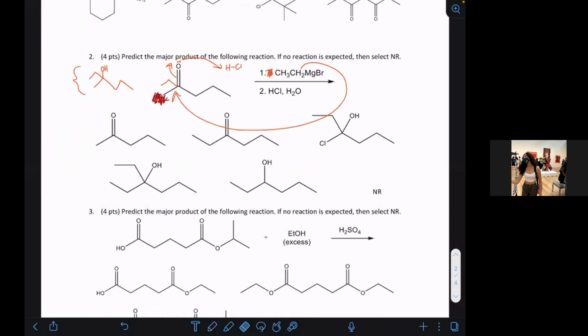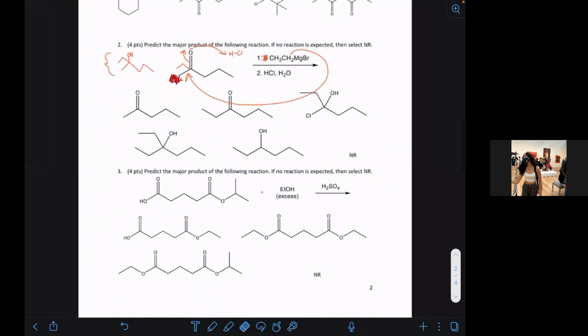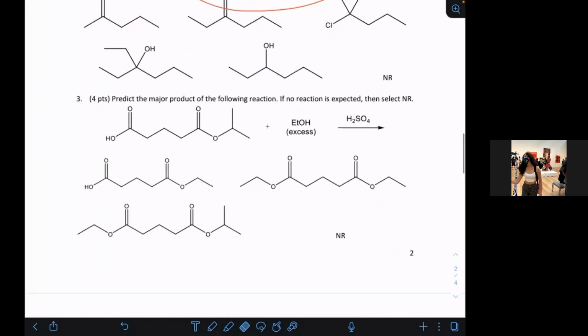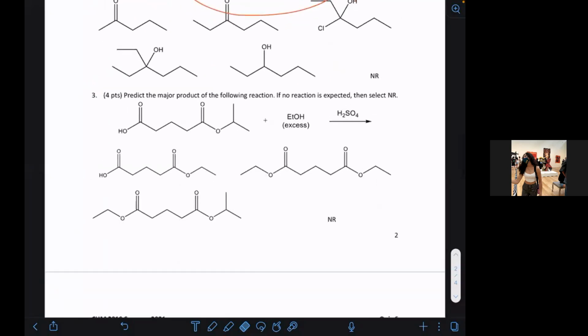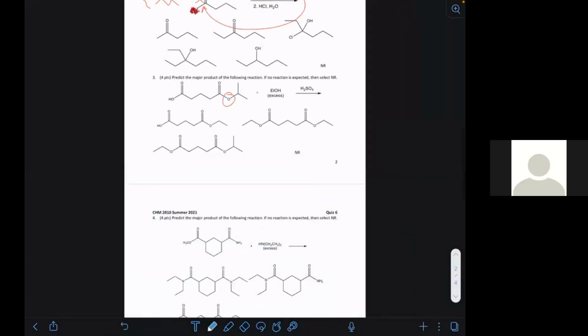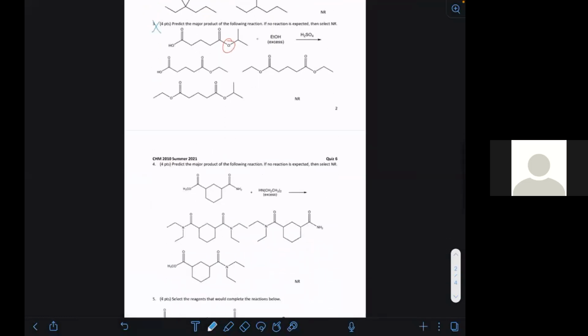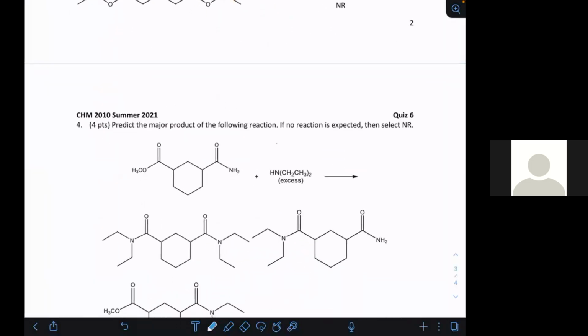Okay. So that's kind of 2-ish. Number 3, predict the major product. I don't think that we're able to do this because it has what's it called? Ether. You'd only be able to do the reaction, like for the quiz, with the carboxylic acid part.